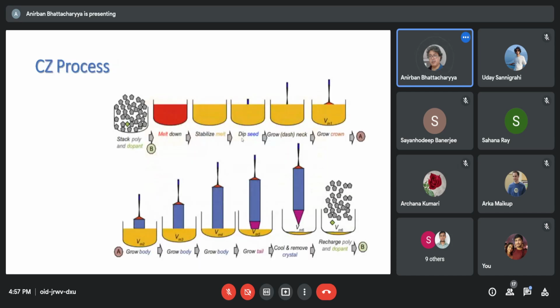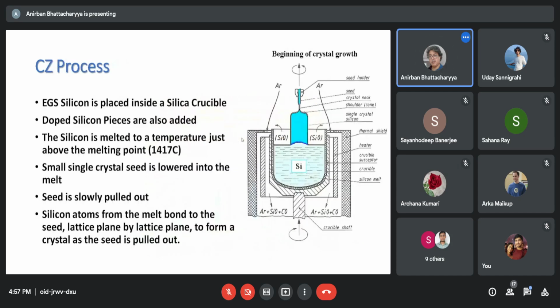Now, let's go back to this picture. This shows the entire process in a more detailed structure. So, you can see the liquid silicon, right? It is inside a crucible, and there's a heater around it, which heats up the crucible and melts it. And then did you notice something interesting?